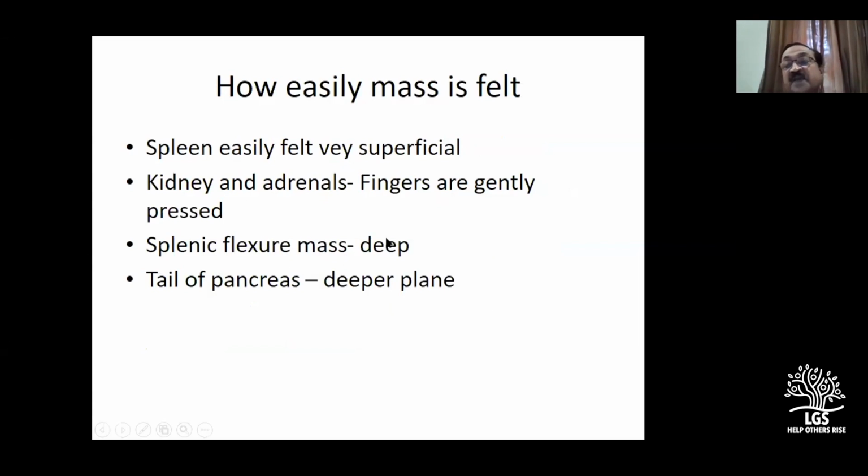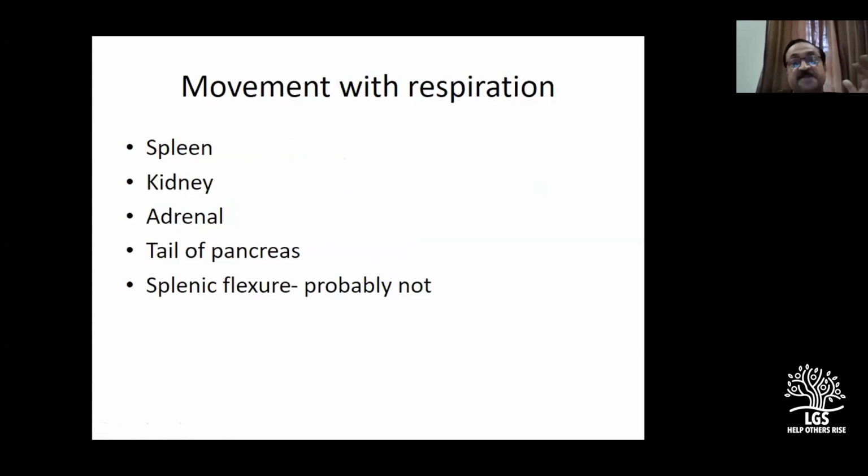Splenic flexure is the deepest portion of the bowel. Please remember this, large intestine. So a splenic flexure mass is very difficult to feel. It is deeply felt unless it is very large. So when you get a mass which is easily felt, I think these two look ruled out. Probably it is spleen or kidney, etc.